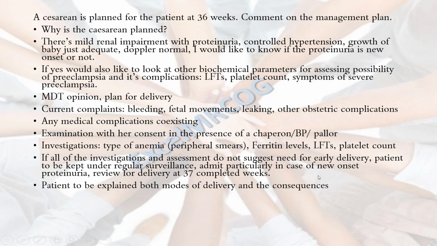Those points you can mention, or you can just mention in brief that the patient is to be counseled and explained about the mode of delivery. It depends on whether you have time or not. Typically you would have time, so you can elaborate. Even the question here was that cesarean is planned, so what are your thoughts? It is not the management that is asked.